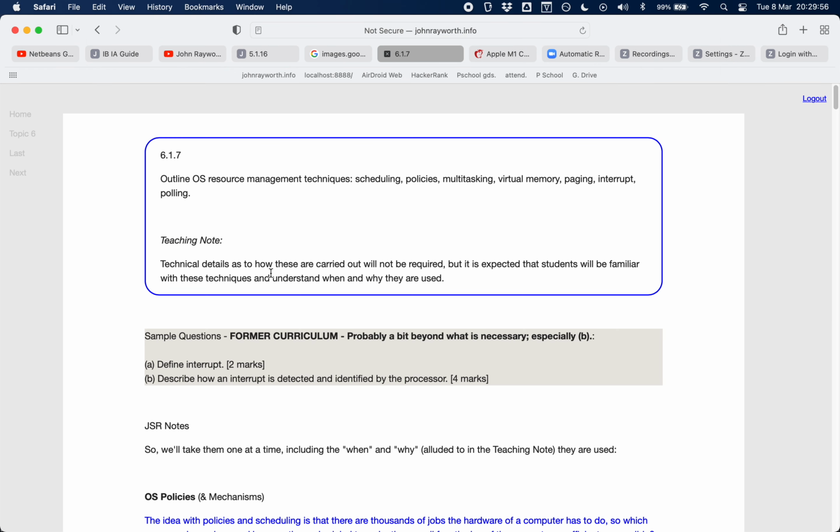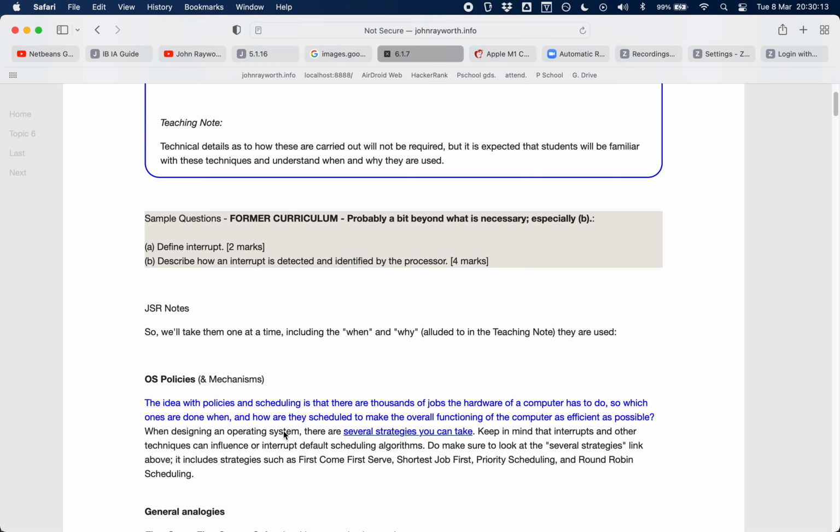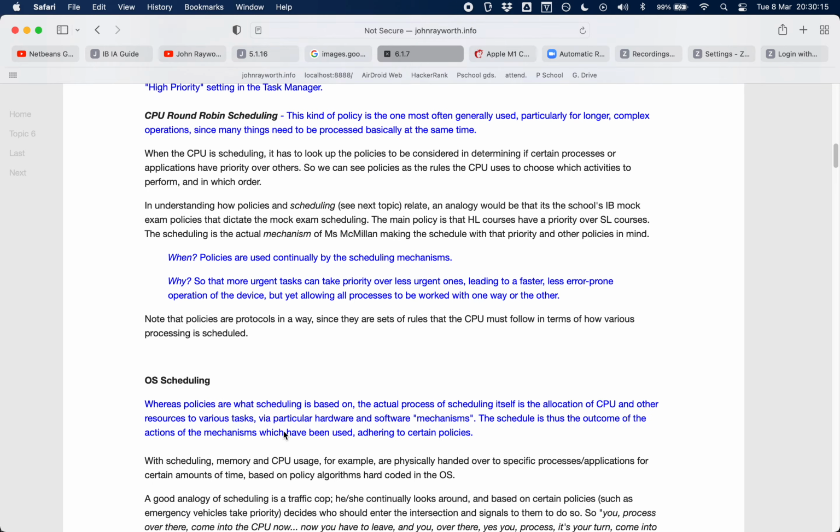6.1.7. So it's basically a definition type of assessment statement, but they're pretty involved if you let them be involved, as my notes do. And that's what I said in class, is that I wrote too much.